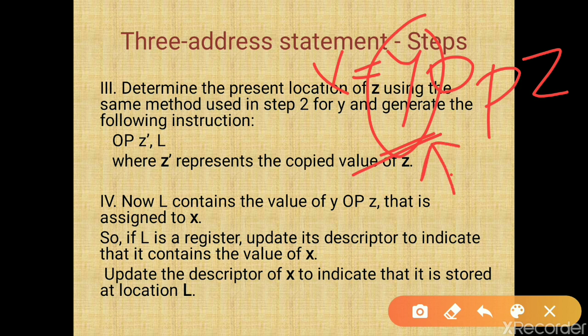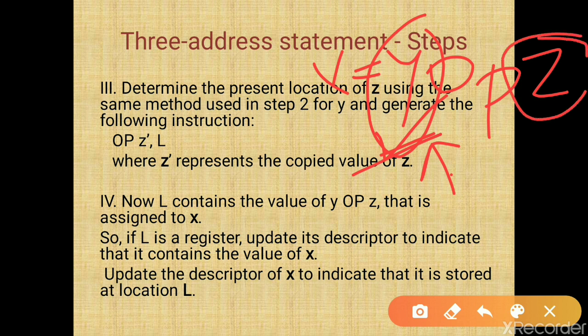If it is present, then we will use the normal address descriptor. If that Y value is not present, we will generate a new one and store that value by copying it to a particular variable, and we will use it. In the case of Z also, same thing, X equals Y OP Z; the location of Y we already found out. Next is Z's location.